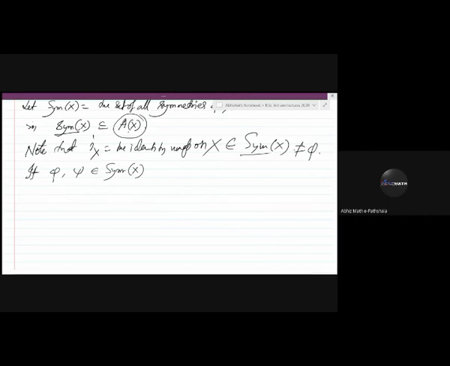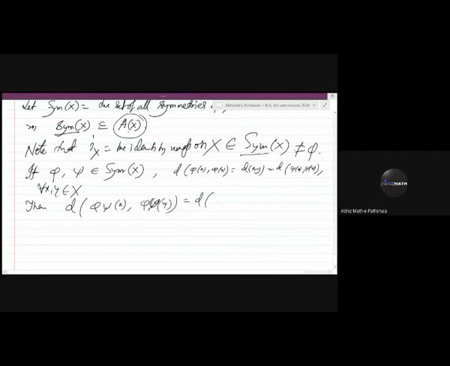That is, phi compose psi is again a symmetry of X. So if phi and psi belong to Sym X, then d of phi x, phi y equals d of x y equals d of psi x, psi y for all x, y belonging to X. Then d of phi psi x, phi psi y is d of phi of psi x, phi of psi y.